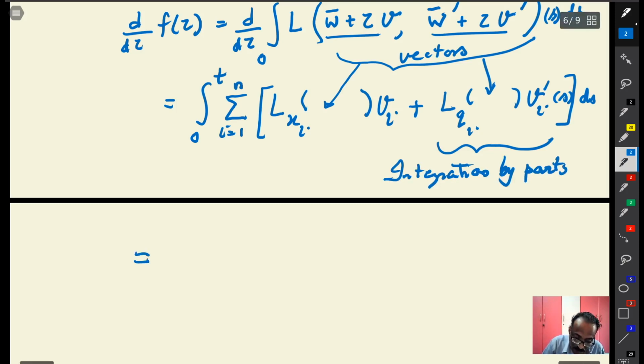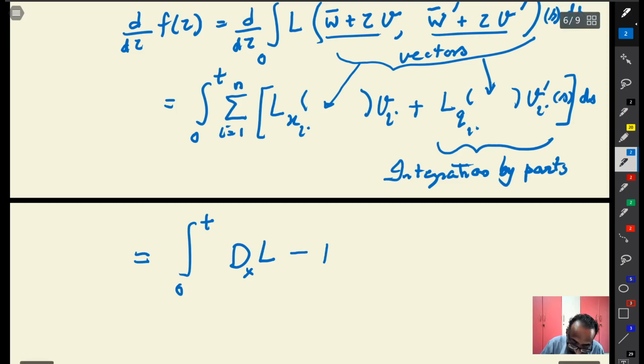Let me also write, this derivative Vi prime will come to L_qi. Let me use a combined notation. This will become the integral from 0 to t, and I will remove the summation, and I will write dx of L, and then integration by parts, so there will be a negative sign coming here.